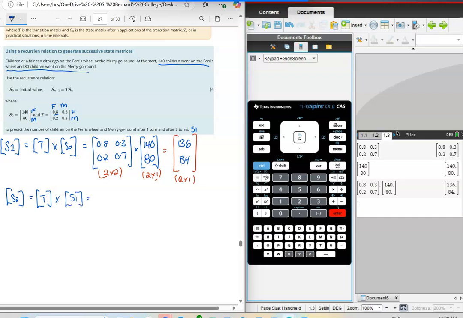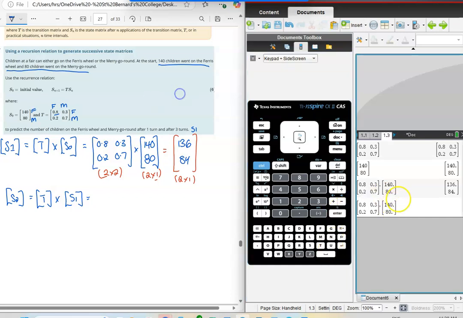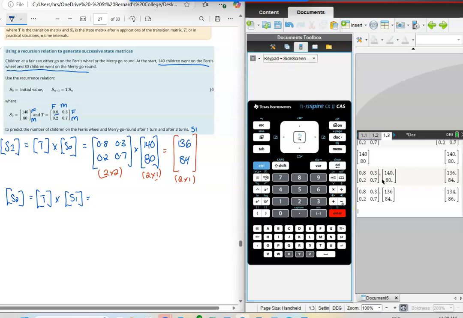So on your calculator, if you have a look up, all I'm going to do is highlight the one before and press enter. And then I'm going to edit this one and make it what it is. So 136. And then we need to do it up to turn 3. But first of all, let's just do S2. So we've got S2 equaling 134 and 86. So this is S2.